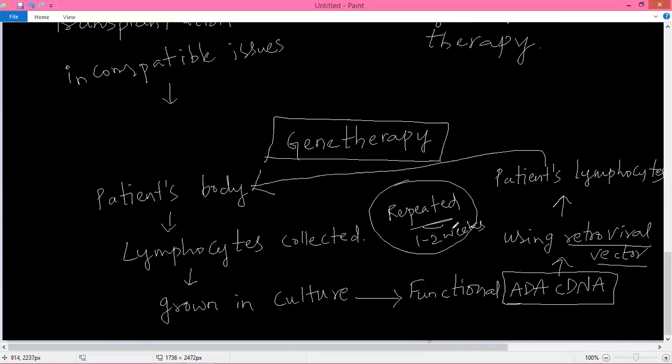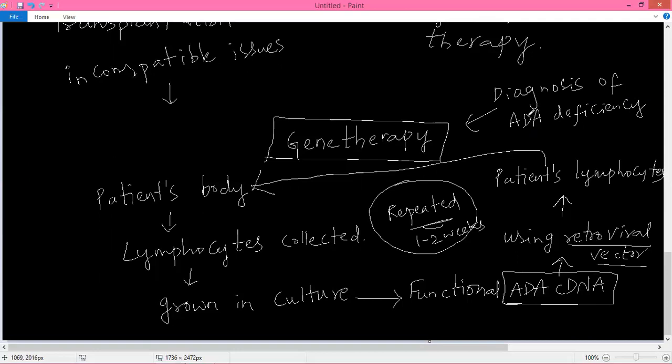But the permanent solution is diagnosis of this ADA deficiency in embryonic stages itself. If you are going to treat the ADA gene, it should be diagnosed in embryonic stages.